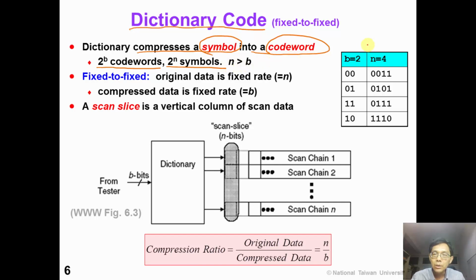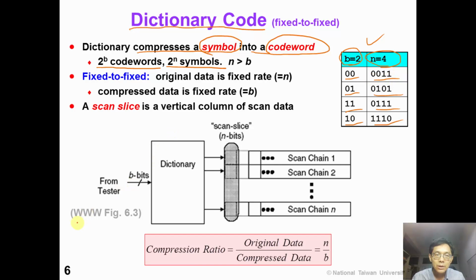For example, for this simple dictionary, the number of bits in the code word is 2, and the number of bits in the symbol is 4. So we use 2 bits to represent the data of 4 bits. In this way, we can achieve data compression.